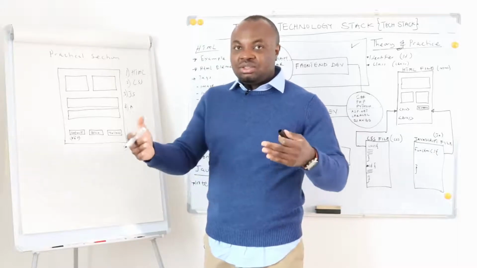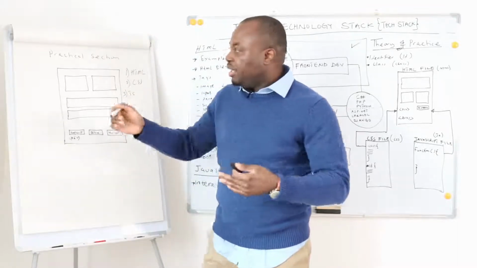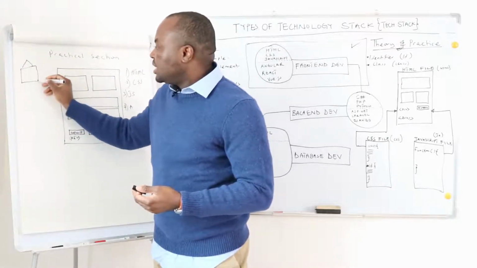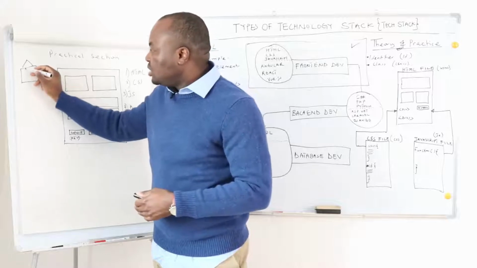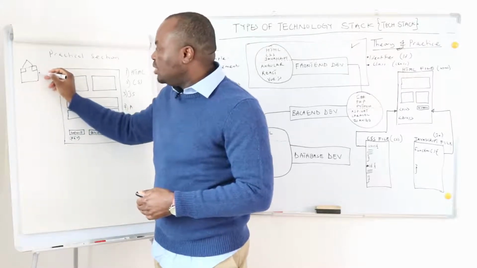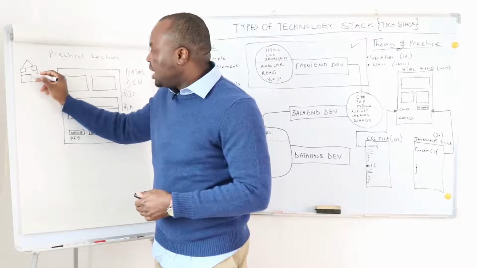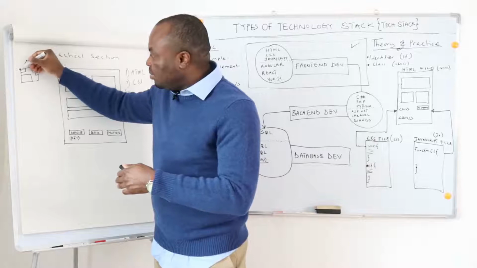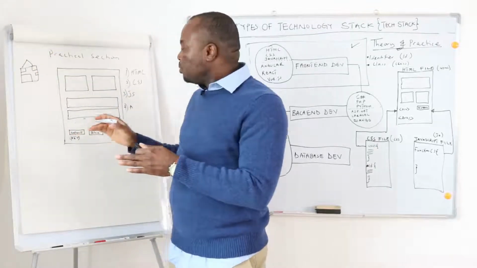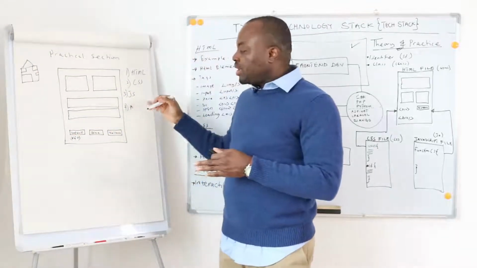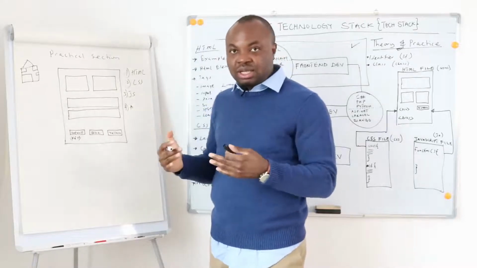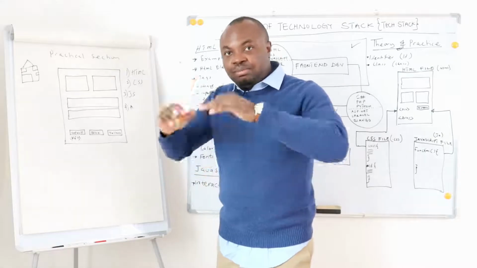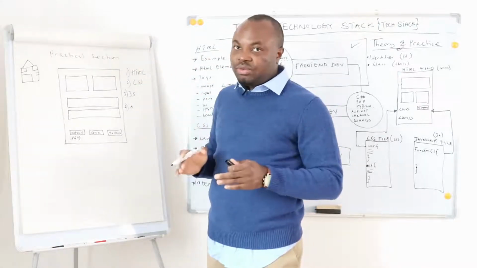With a prefabricated house, you just get the house, and then you come in and start putting, okay, this is my bedroom, this is my toilet, this is my parlor. These are the things you do yourself, but the fabricated house is already there. So your framework is just like a prefabricated software. You download the software and then you start building on top of the framework. So that's what a framework is.